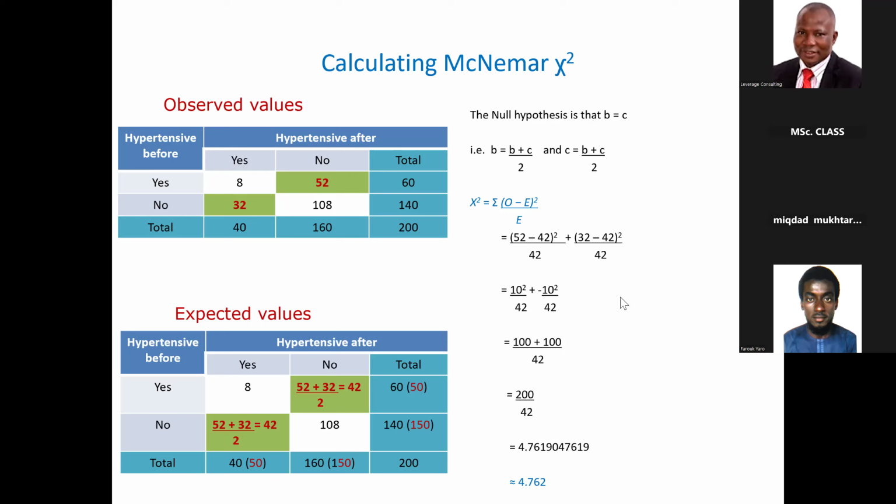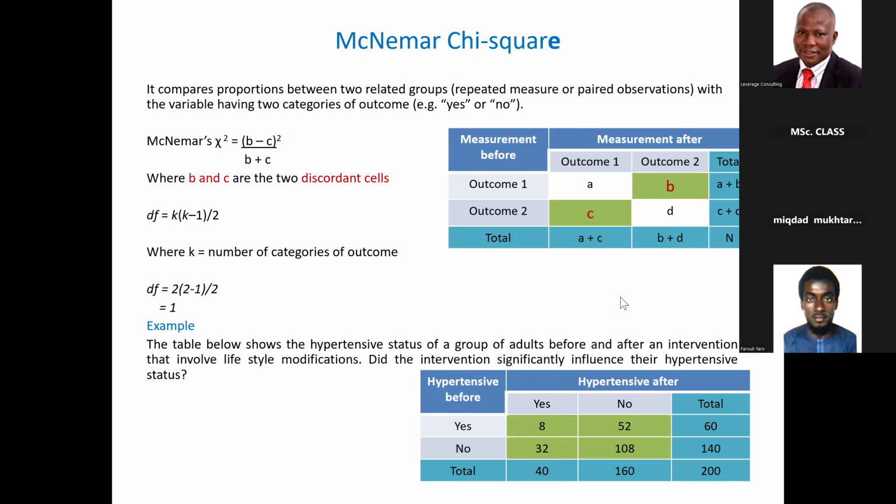You just put it in, and it gives you 4.76. Now the degrees of freedom, there's a way you calculate it. K is the number of categories of outcome. So how many here? 2. So K times K minus 1 over 2, that is 2 times 1 over 2, gives you 1. So the degree of freedom for this McNemar example is 1, because there are only 2 categories of outcome.